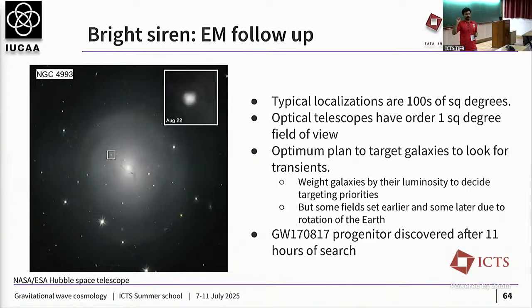Whenever there is a new possibility of a binary neutron star event like this, there's a good likelihood that you will also be able to see the counterparts, and you will get good follow-up as well. So there are things like this ongoing right now, which makes this area promising, and hopefully we will detect a little bit more than the only event that we know of. Okay. So that's about GW170817.